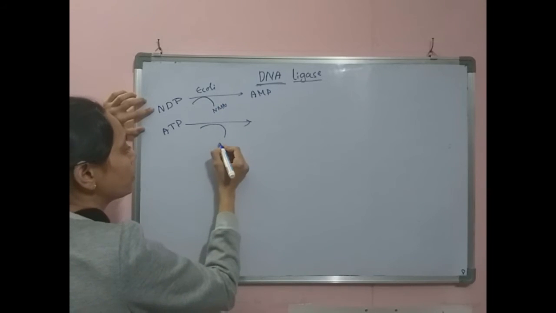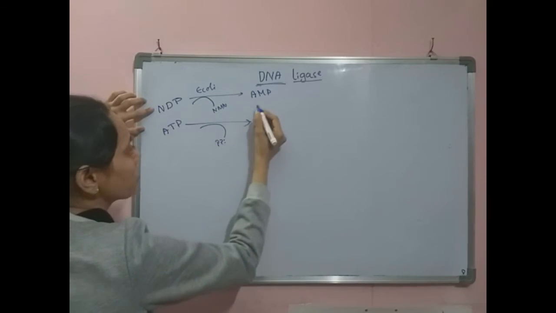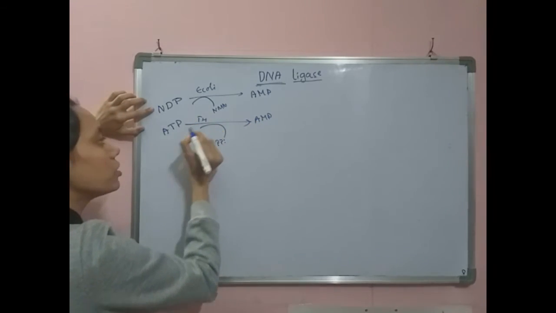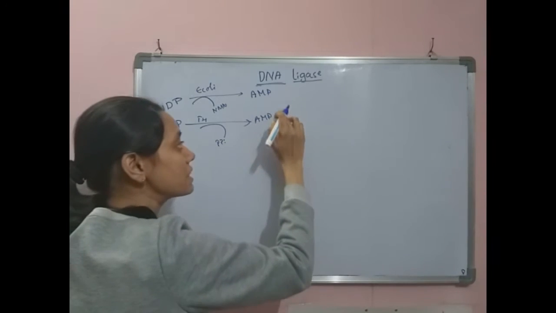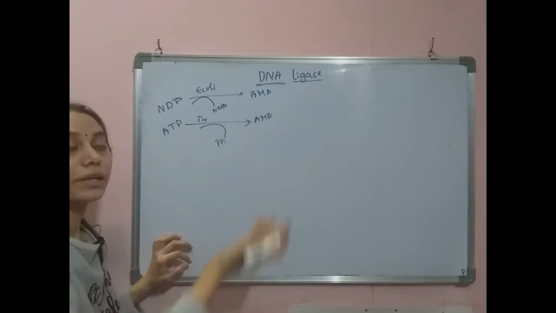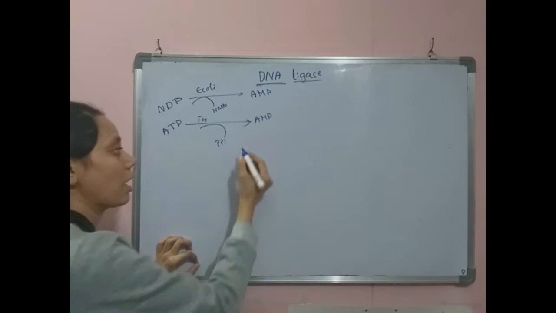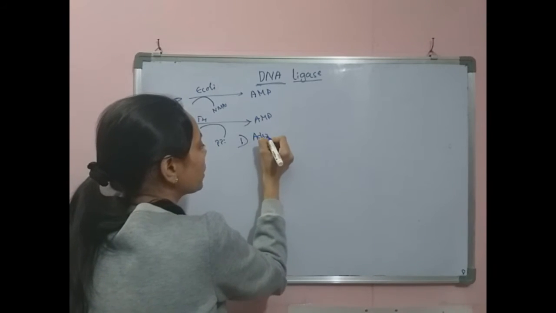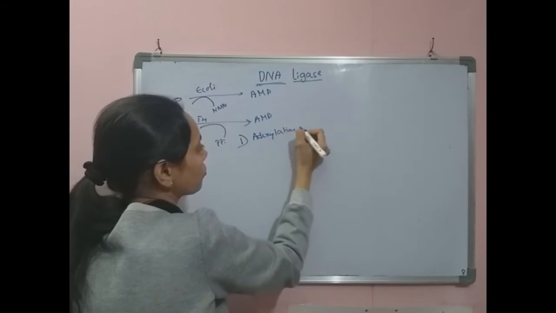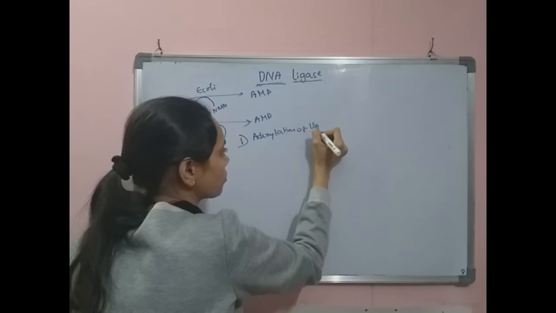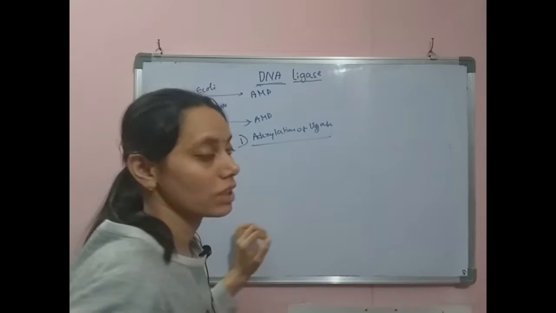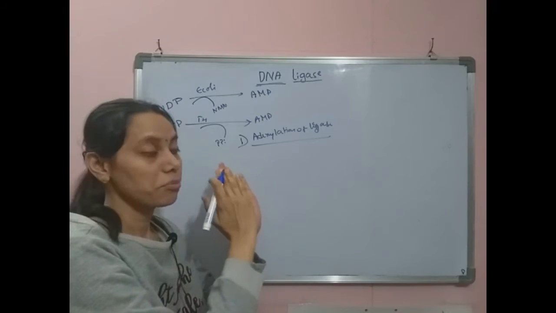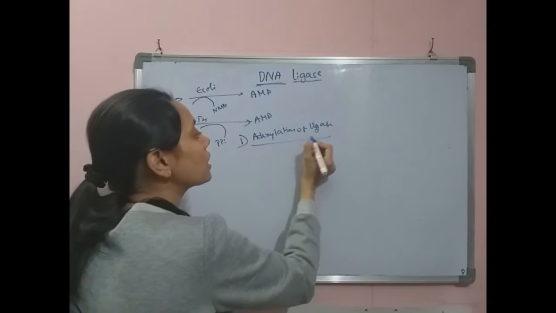ATP will release pyrophosphate to give its AMP in the case of T4 bacteriophage. This AMP will bind with the DNA ligase enzyme, and the process is called adenylation of ligase. So the first step during the action of ligase is the adenylation of the enzyme. This AMP is going to bind with the ligase enzyme.